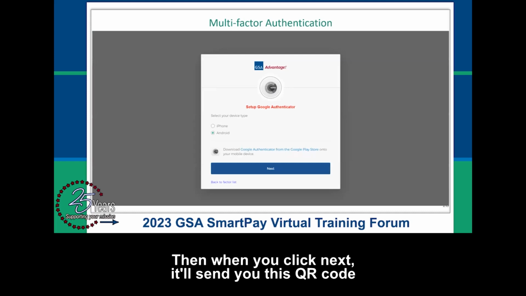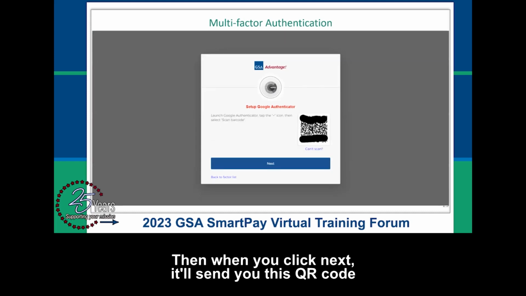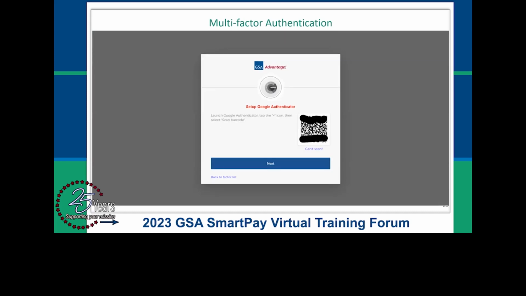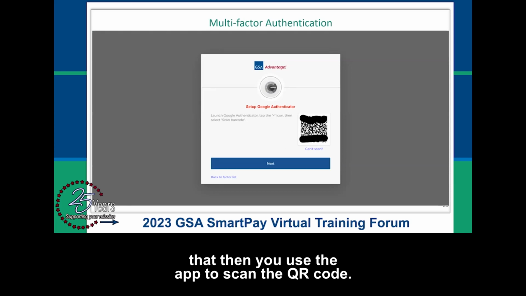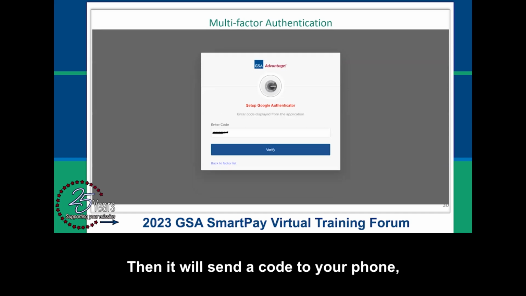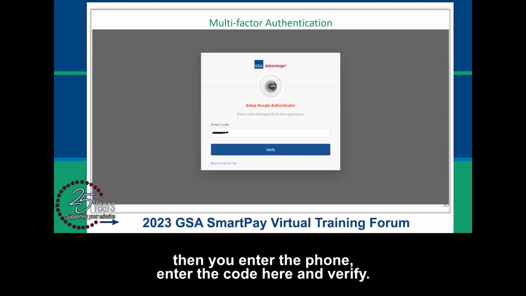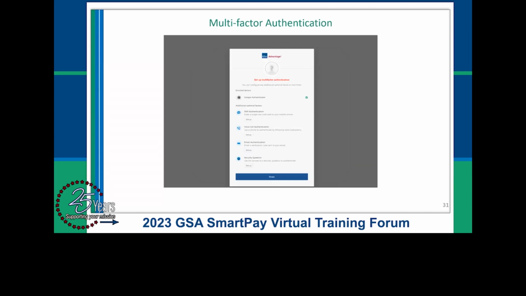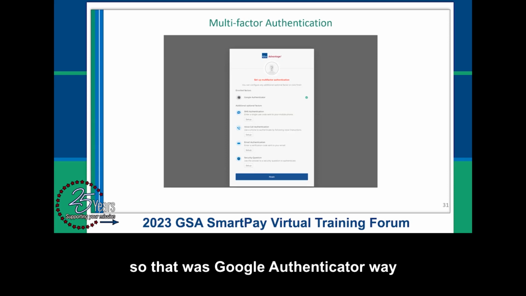Then when you click next, it'll send you this QR code that you use the app to scan. Then it will send a code to your phone. Then you enter the code here, and verify. So that was the Google Authenticator way for multi-factor authentication.